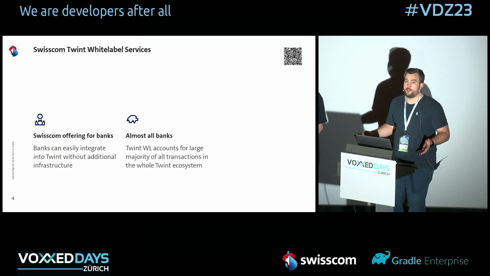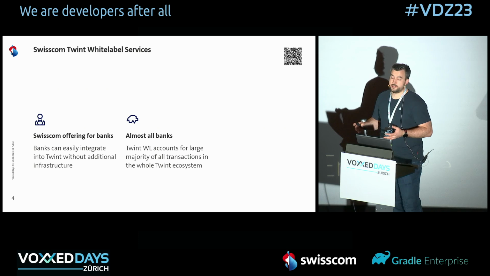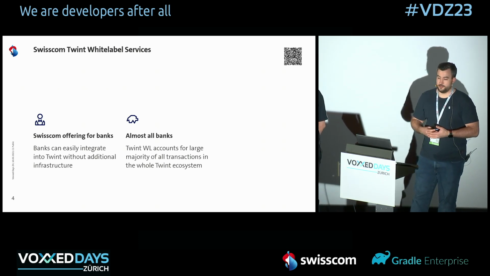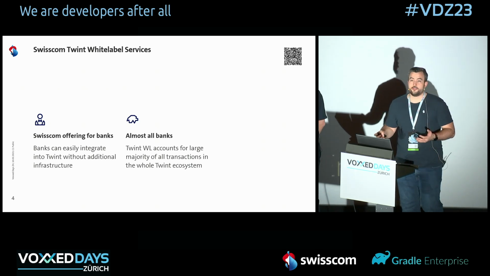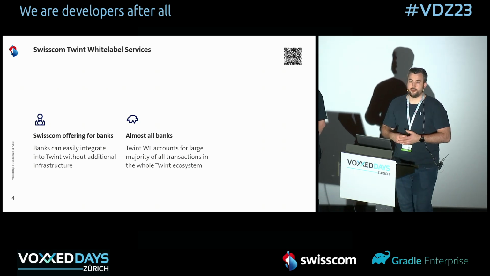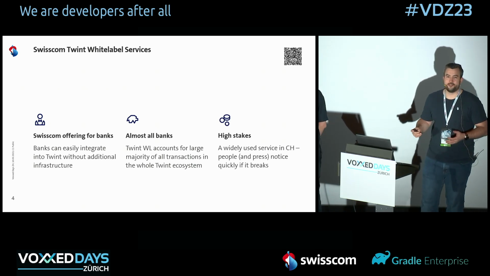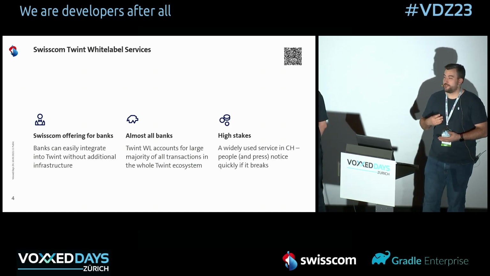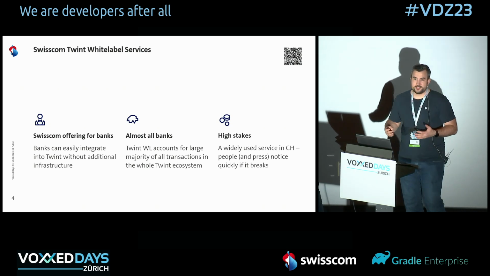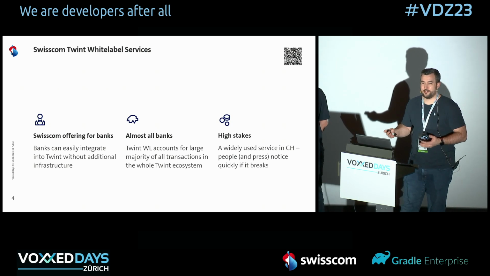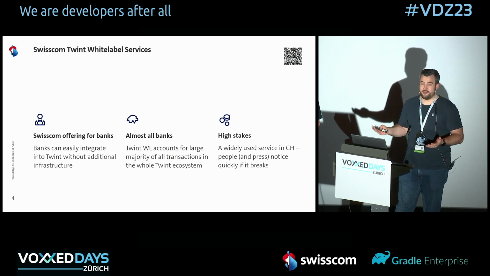And almost all banks that are offering that in Switzerland are actually using this Twint White Label service by Swisscom. So a majority of all transactions is actually running over that service, which also means this is a high-stakes service. If there is an incident, if there is an outage, people notice, and you see that trending on social media very quickly, or have bad press.